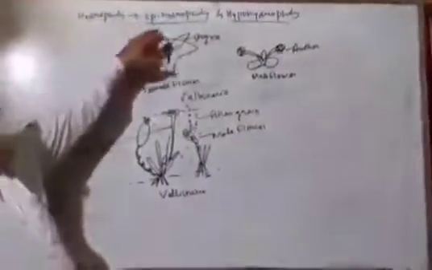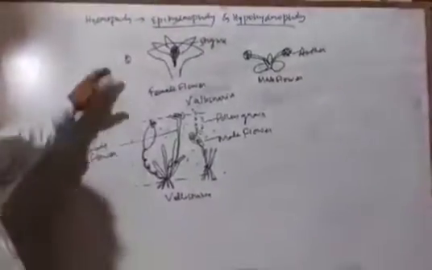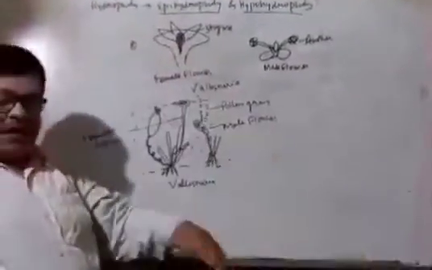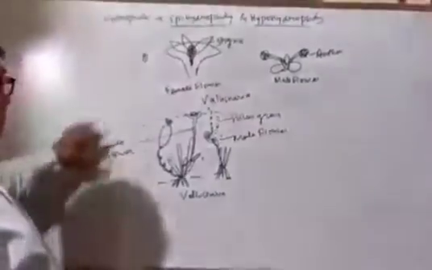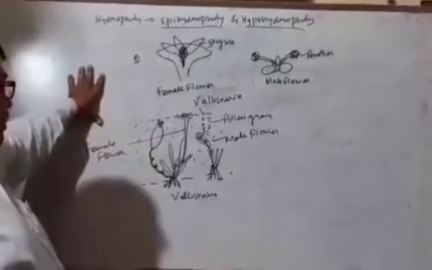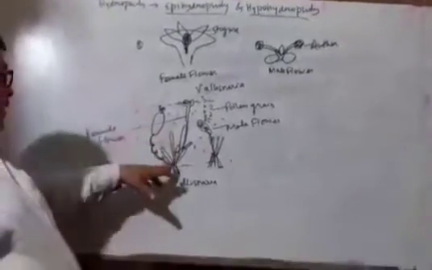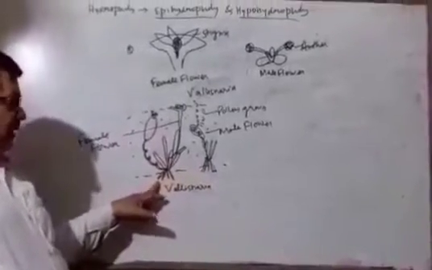Hydrophilic pollination has two types: epihydrophilic, meaning at the surface of water, and hypohydrophilic, inside the water level. In case of Vallisneria, in the ocean we see two plants, a male plant and a female plant, separately.